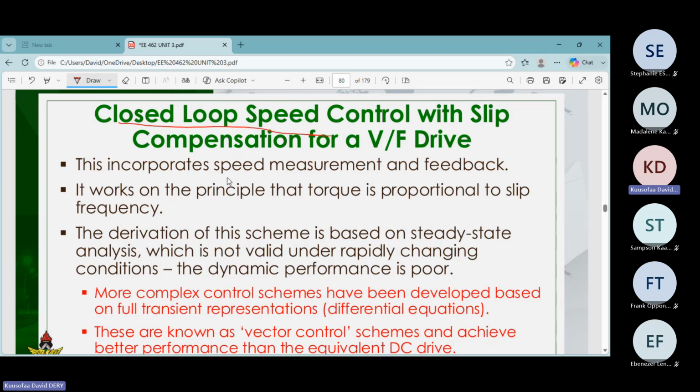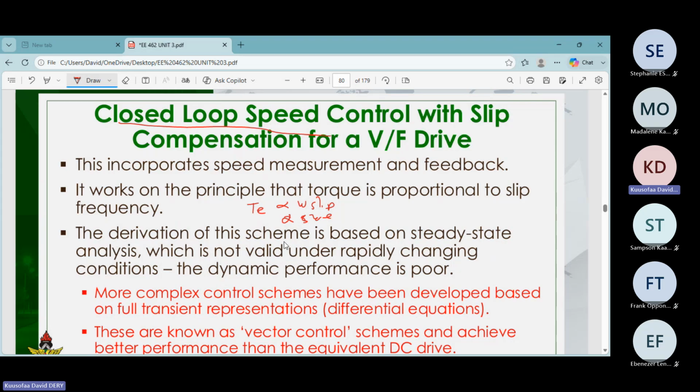This one incorporates speed measurement and feedback. It works on the principle that the torque is proportional to the slip frequency, which we saw already. T is proportional to omega slip, which is proportional to S omega E. That is what we are going to use.